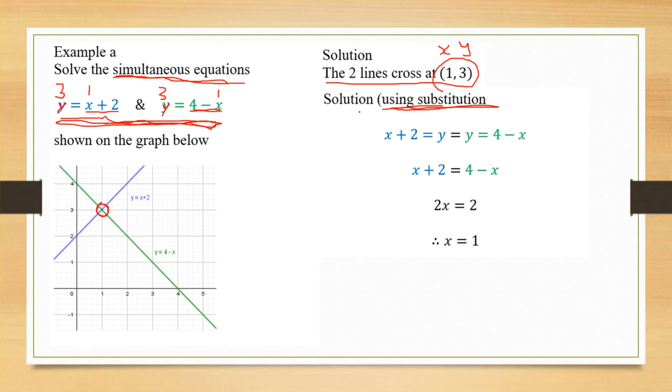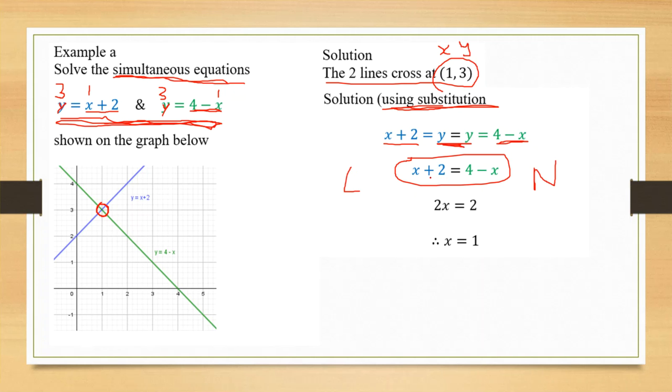So for substitution, what we do is we say x plus 2 equals 4 minus x, because both of these equations equal y. And then we solve the equation that comes from that. So letters on the left, numbers on the right.